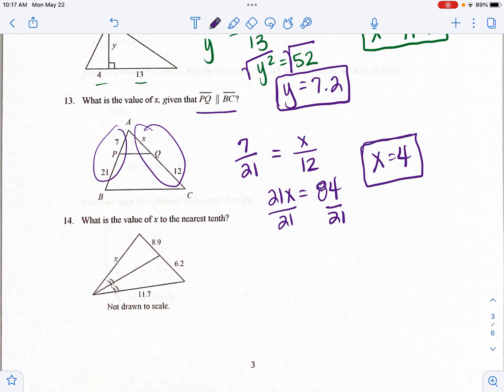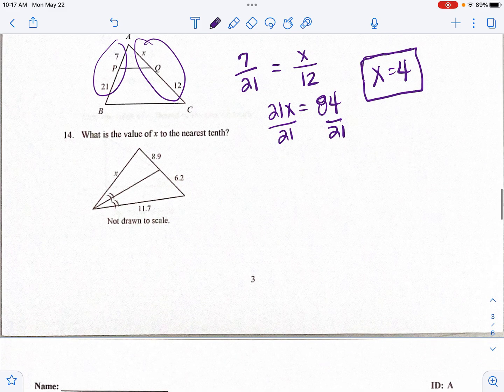That's number 13. Number 14 is also a proportion because it shows us here that this angle is being bisected. So that means that the triangle is also cut into proportional pieces. So x over 8.9 would correspond with 11.7 over 6.2. Again, make sure and keep your stuff consistent.